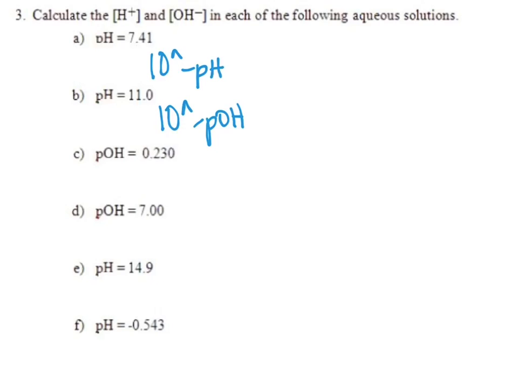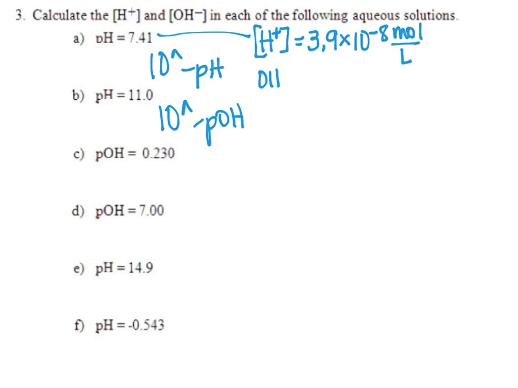So what is our H plus for 7.41? What's our H plus concentration? 3.9 times 10 to the negative 8, and our unit is big M, or moles per liter.